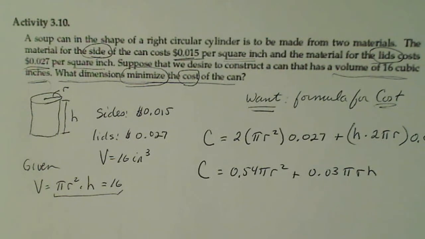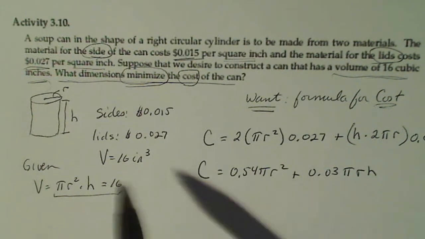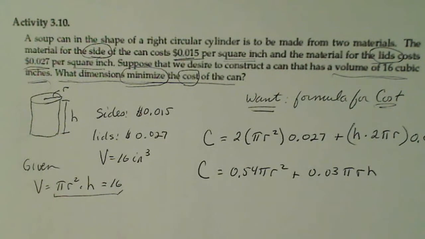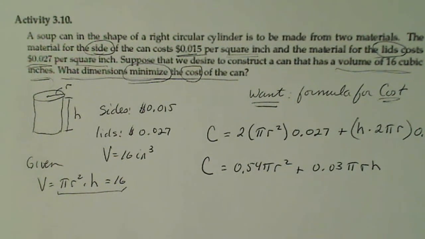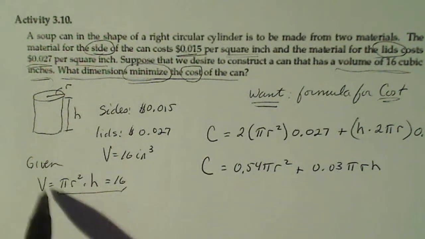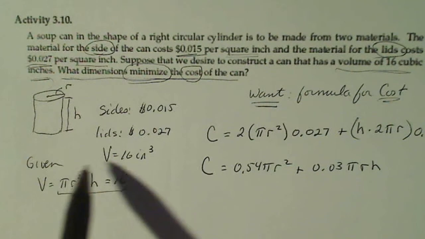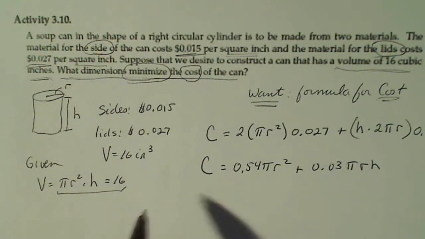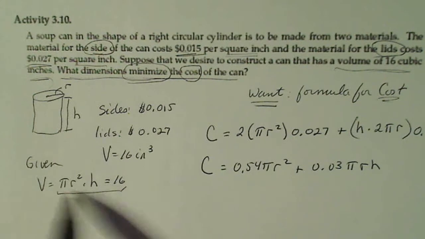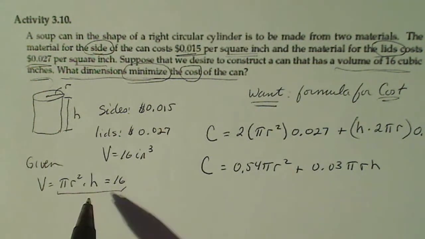Now, what we normally do with a function when we're dealing with optimization is we take the derivative of it with respect to the one variable that's there. However, we have two variables. We have an r variable and an h variable. Well, that's when we come back over here and we use this to restrict the behavior of one of those to match up with the other variable. So here I actually do have a relationship between r and h.